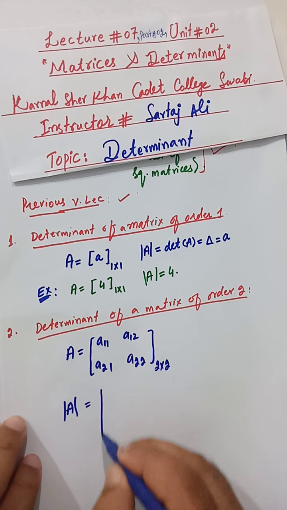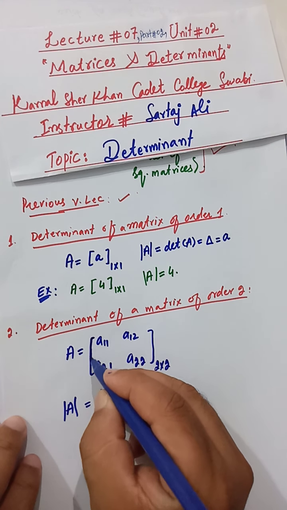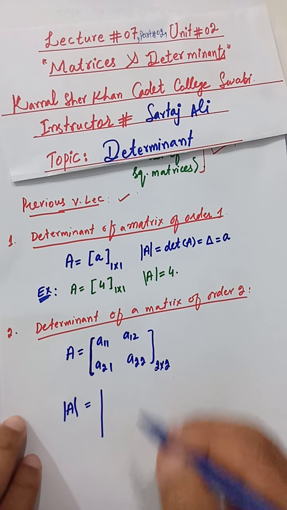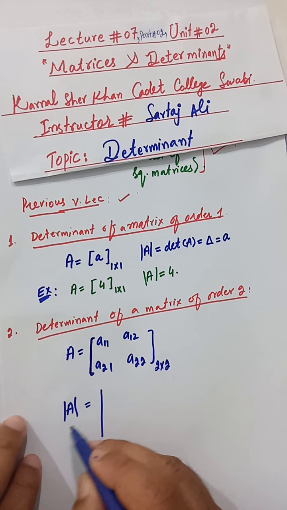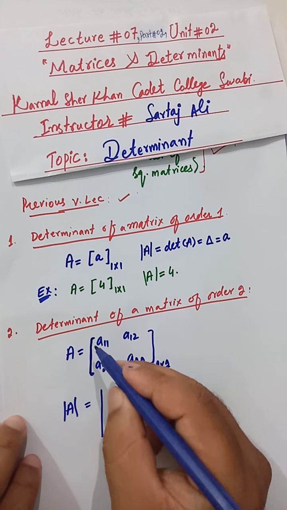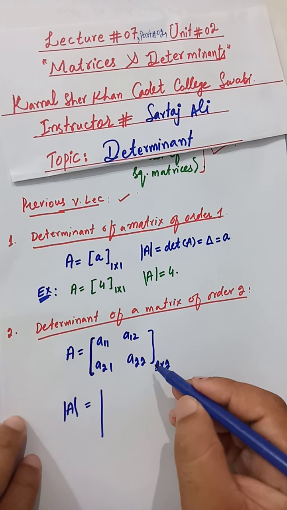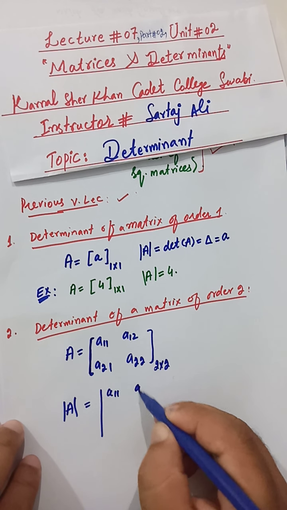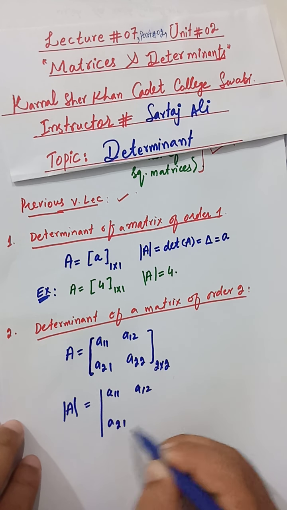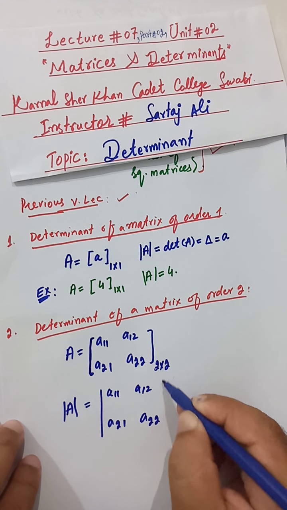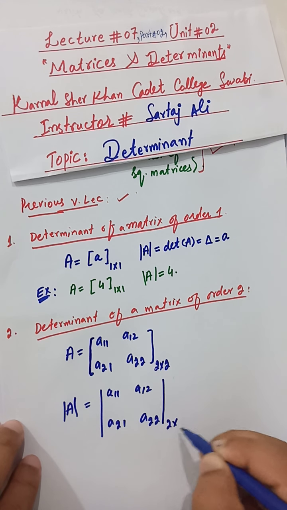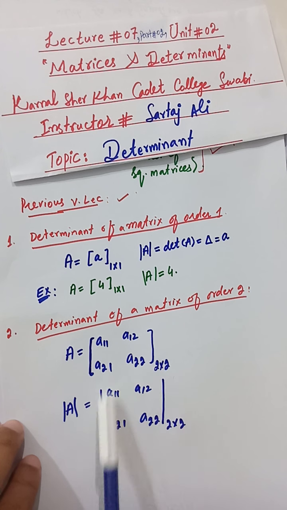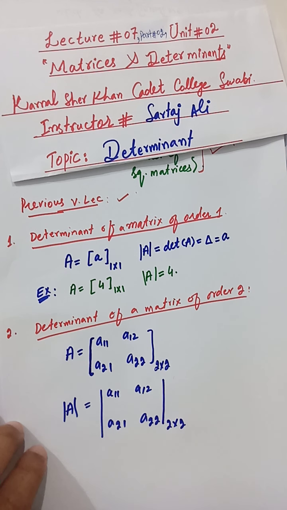So these square brackets are notation for a matrix. So when you are finding the determinant of matrix A, these square brackets will be converted to the bars. So this is A11, A12, A21, A22. So in this square matrix, these are the diagonal elements.